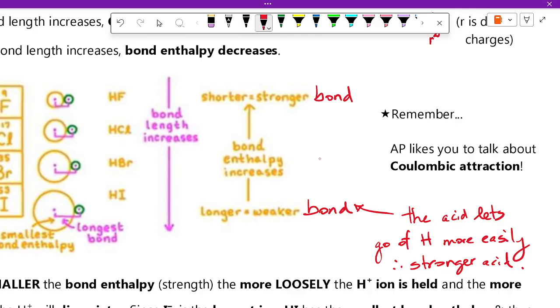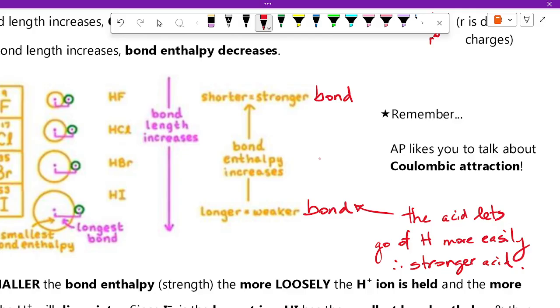Electronegativity is a factor as well. But if you were to just look at electronegativity, it always used to bother me because that's all I knew. I hadn't really thought through these other factors, the bond length, the stability of the conjugate base. I was like, why on earth is HF not the strongest acid? Because fluorine is the most electronegative.